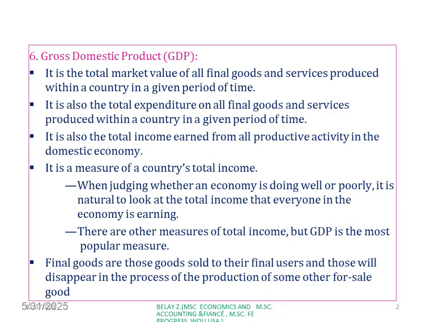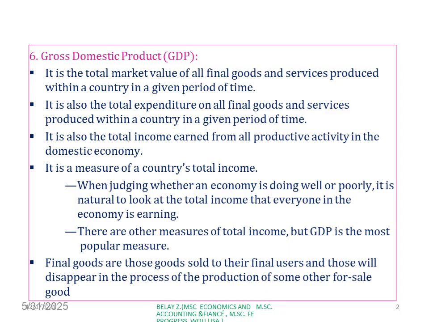That's why it is the country's total income. When judging whether an economy is doing well or poorly, it is natural to look at the total income that everyone in the economy is earning in the form of per capita income. There are other measures of total income, but GDP is the most popular measure in the world.